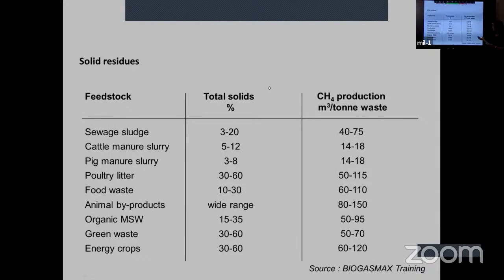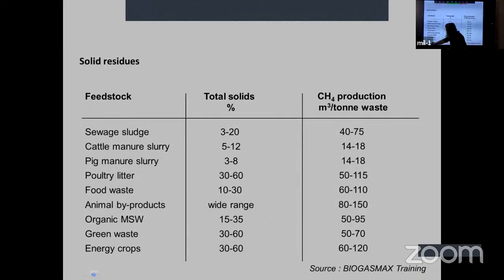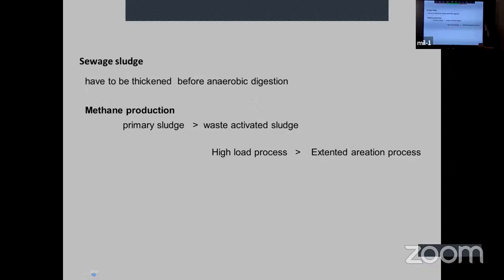Animal byproducts are also interesting, with up to 150 cubic meters. And also the organic municipal solid waste, around 100. Energy crops also are interesting, with more than 100 cubic meters.